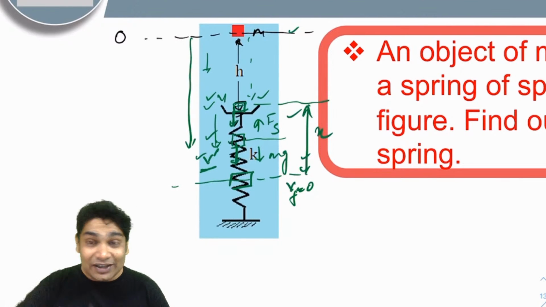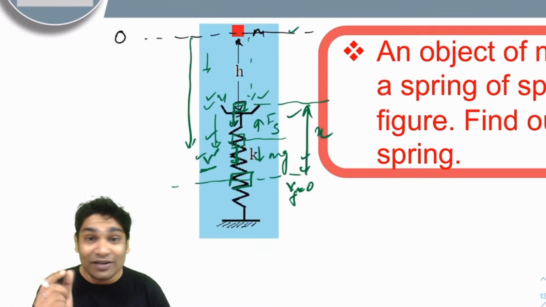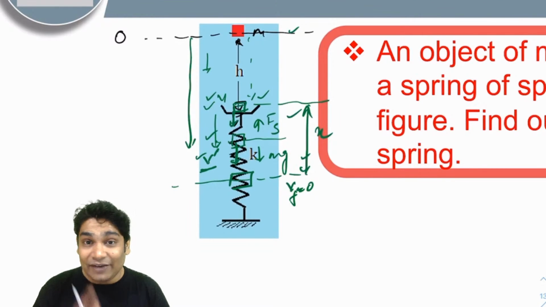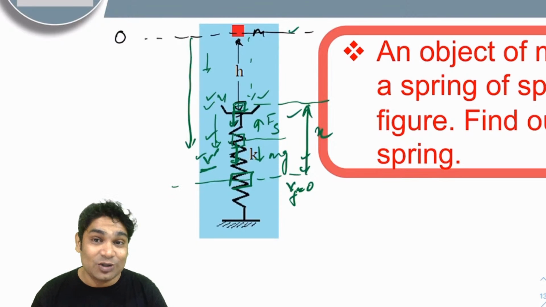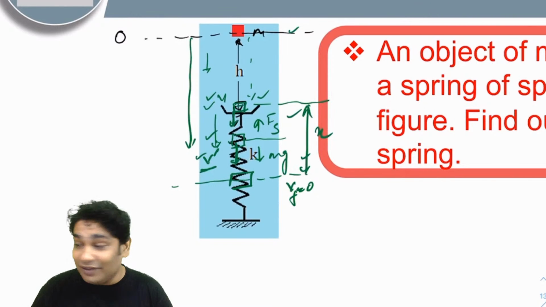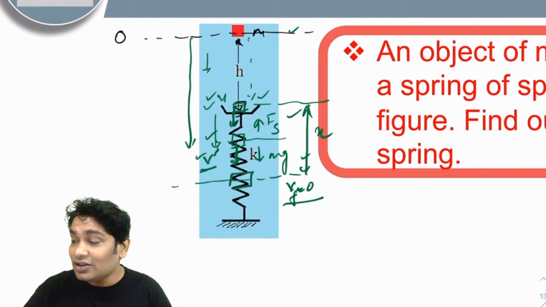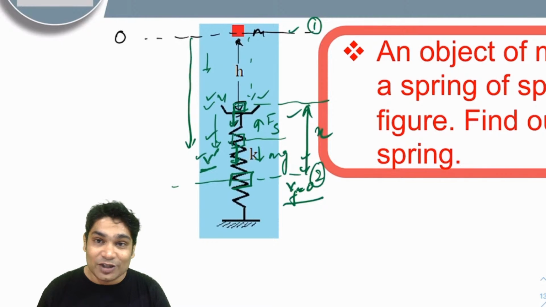As it moves further down, the net force will become upward, because as I compress the spring more, Fs increases and mg remains the same. The moment Fs becomes greater than mg, the net force is upward and the block starts to retard until finally its velocity becomes zero. So this is my final situation. This was my initial moment, and I'll treat this as my final moment, which is 2.